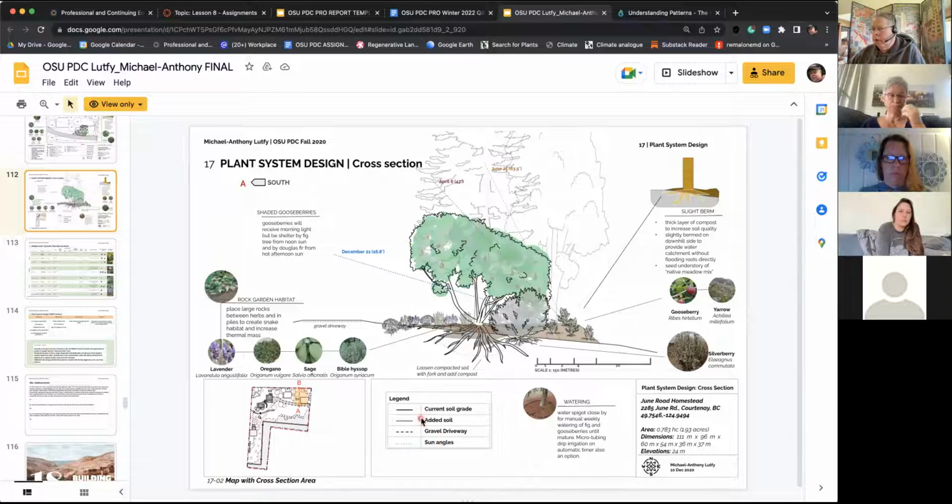The other thing I really like here is that in the legend, they've got basically existing soil grade, and then sort of a proposed what they want to do, building that up. So this is a nice example. And there's some heights here too, but we can get that from the scale.